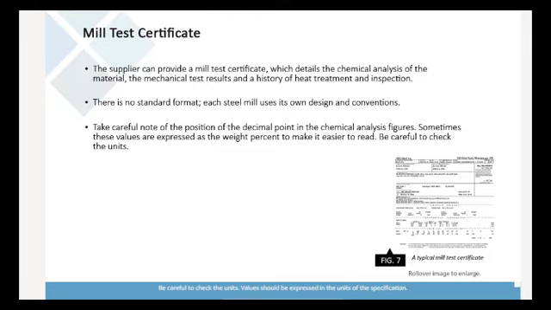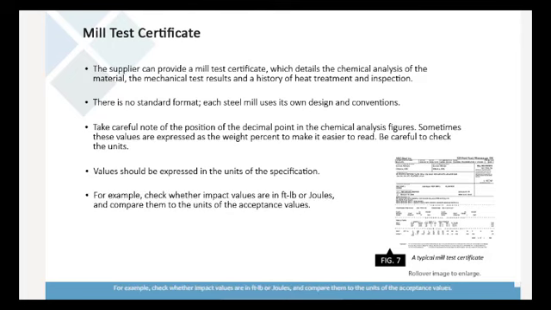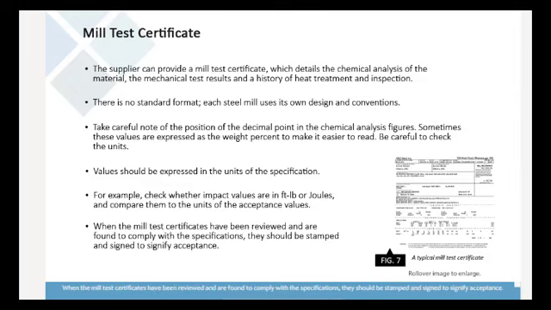Be careful to check the units. Values should be expressed in the units of the specification. For example, check whether impact values are in foot-pounds or joules, and compare them to the units of the acceptance values. When the mill test certificates have been reviewed and are found to comply with the specifications, they should be stamped and signed to signify acceptance.